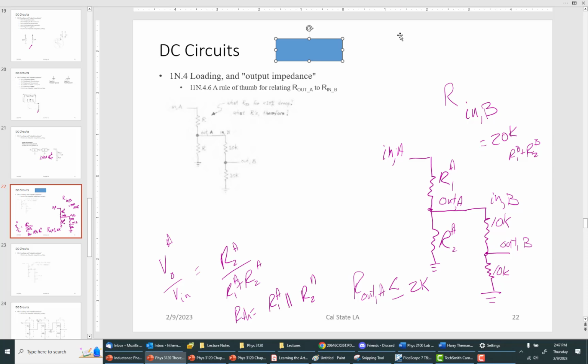So then the two R1 and these two guys have to be less than or equal to 4K, because when I add them in parallel, I'm going to get 2K. So now I've satisfied the 10 times rule.